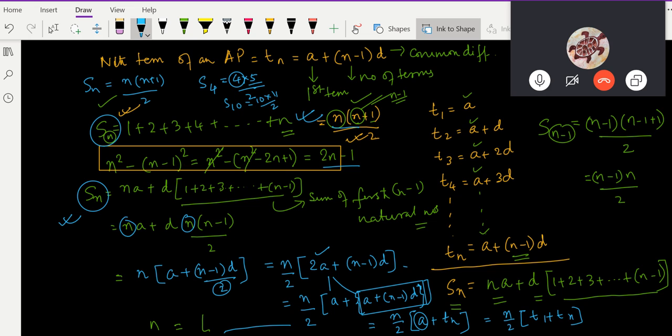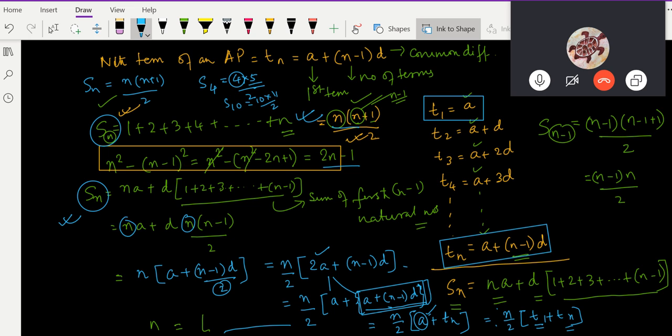So T1 is a, so in place of a, I'm writing T1. And in place of a plus n minus 1 into d, I'm writing Tn. So I can write this as n by 2 into T1 plus Tn.